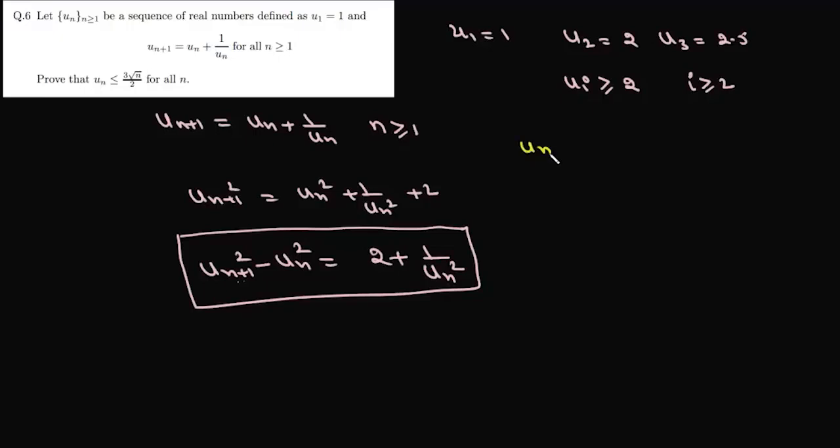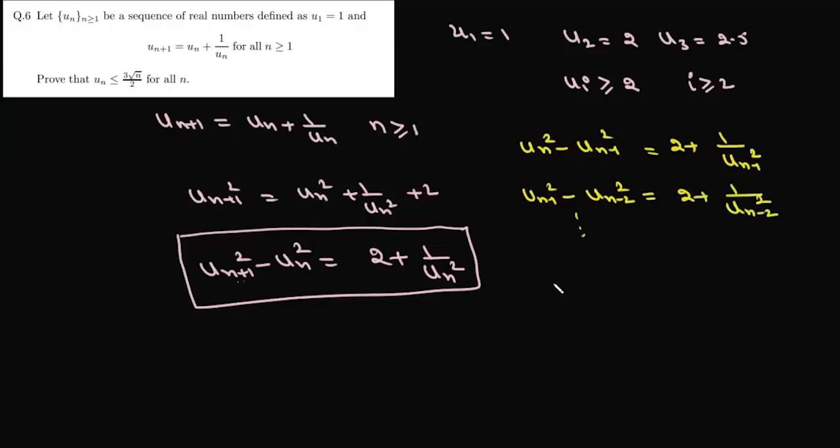So we can write Un square minus Un minus 1 square will be 2 plus 1 upon Un minus 1 square. Next one will be Un minus 1 square minus Un minus 2 square, and there will be 2 plus 1 upon Un minus 2 square, and will continue up to U2 square minus U1 square, and there will be 2 plus 1 upon U1 square.